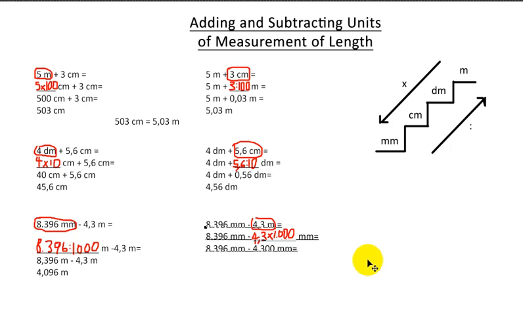Now I can do the subtraction. This subtraction would give me 4,096 millimeters, which again is the same as this. And that's all there is to it.